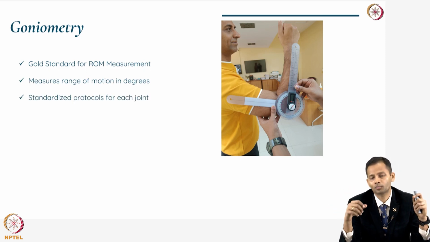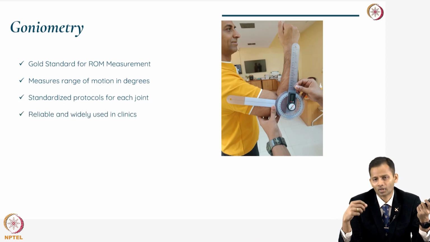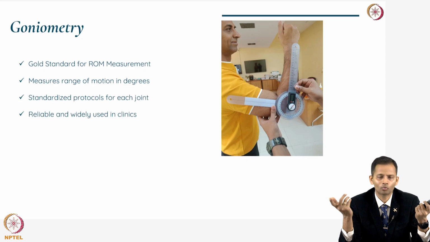There are specific standard protocols, because this again can induce a measurement error. So it is important to follow standardized protocol to have the same reliability of the measurement that is being done subsequently as well. So this is used widely in most of the clinics, sports medicine and physiotherapy clinics.